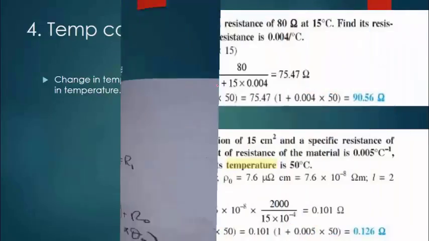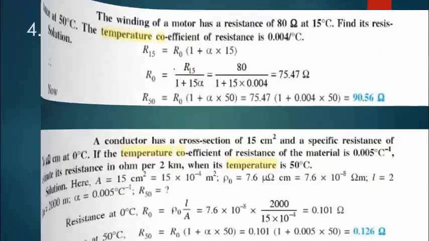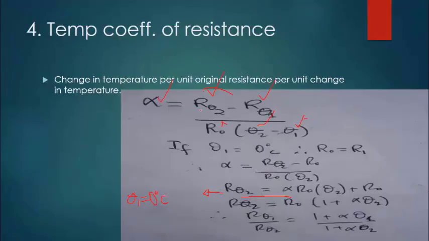Therefore, as he has done here, first you are required to find the value of R0, and we will find the value of R0 using this equation, and we will use this equation only when theta 1 is equal to 0 degrees centigrade.